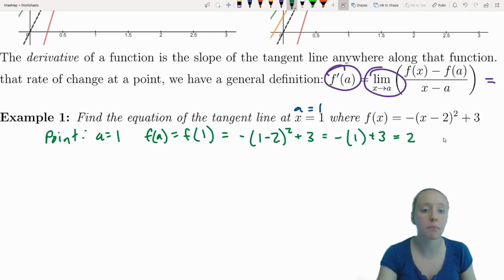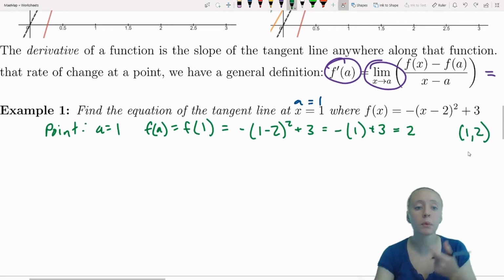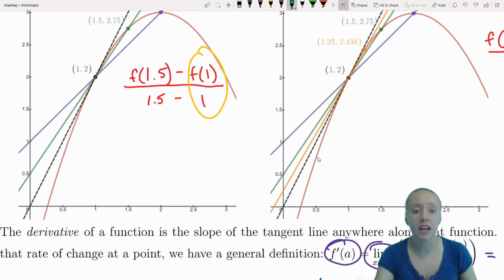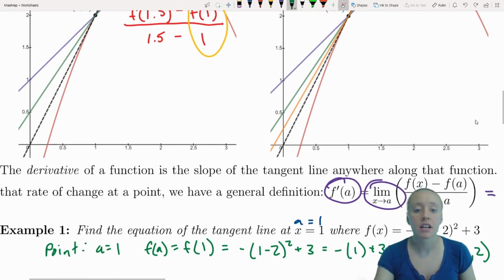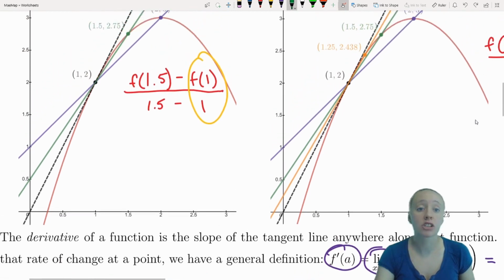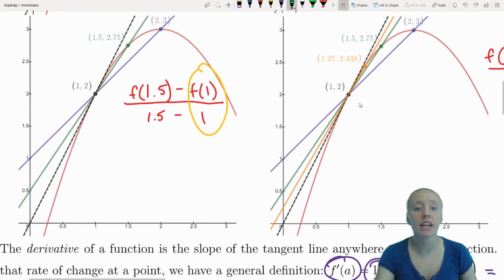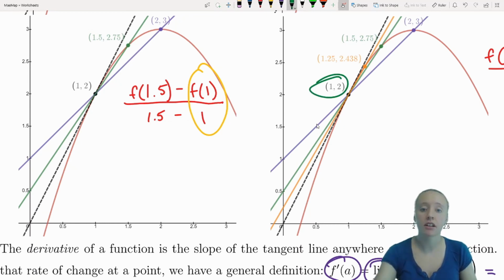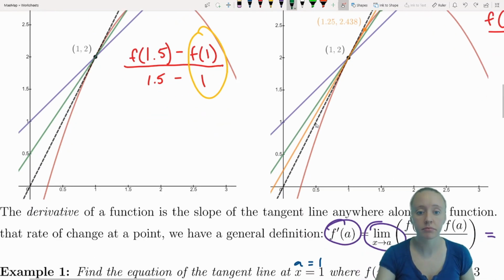So we're at the point 1, 2. That's the point where we're trying to find the equation of the tangent line. So you can see there's the graph of that function, negative (x minus 2) squared plus 3. And here's the point that I'm trying to find the tangent line of, the point 1, 2. So it makes sense that when we plug in 1, we get 2, and we can double check from our graph.